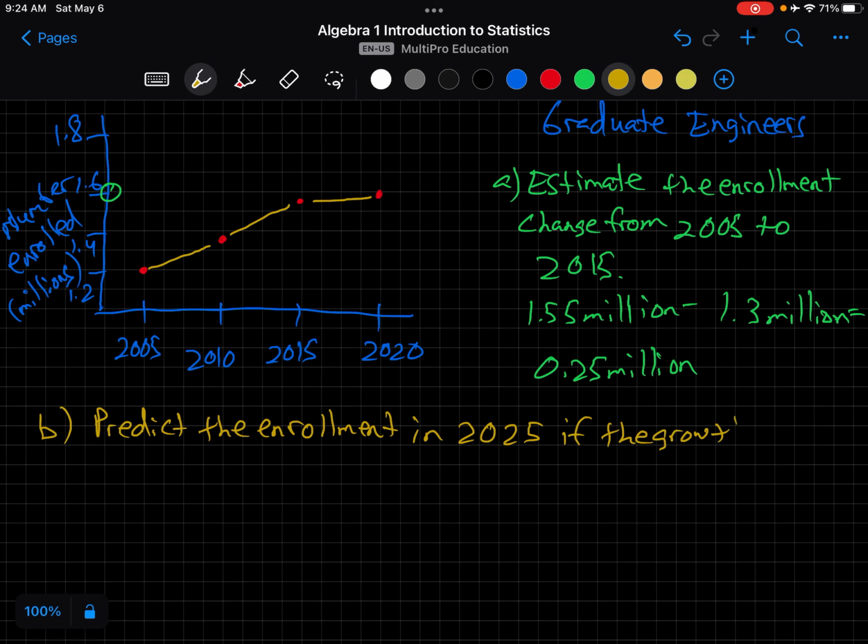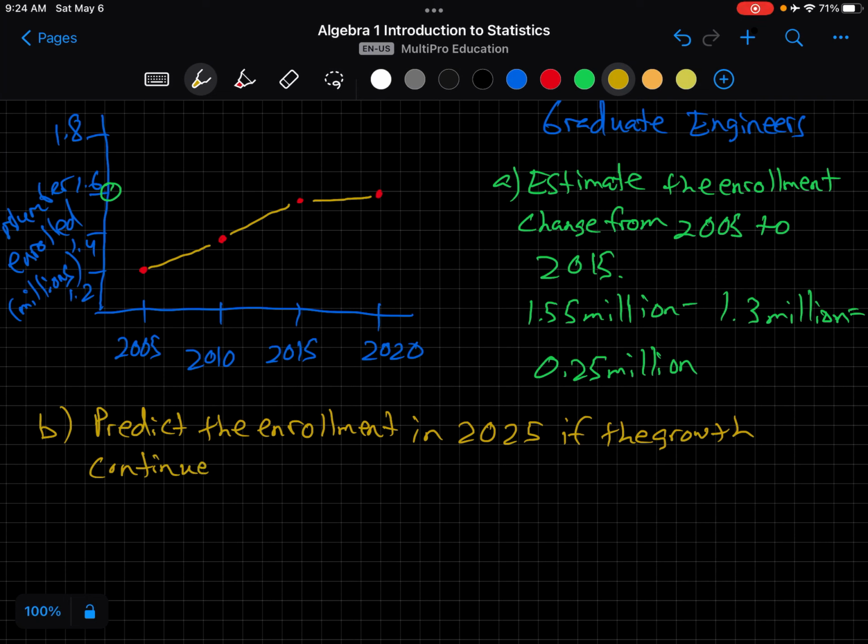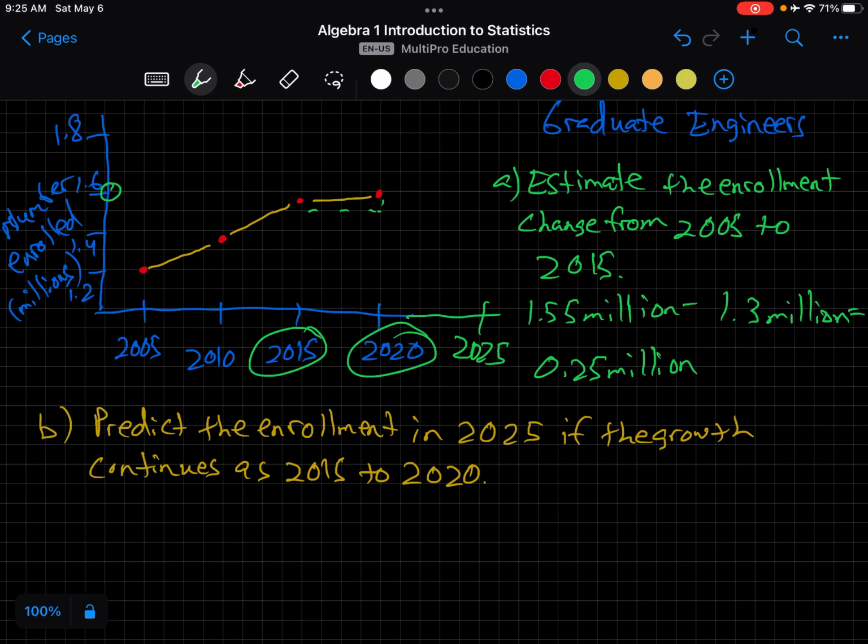If the growth continues as 2015 to 2020. All right, so what we're going to do is assume that this change here from 2015 to 2020 is going to continue for 2025 out here. Okay, so we're trying to figure out where we are going to be.